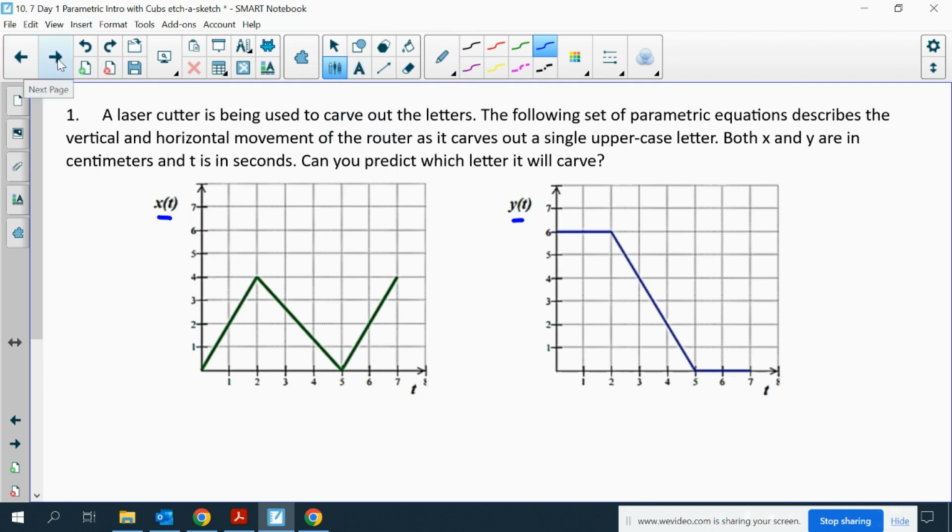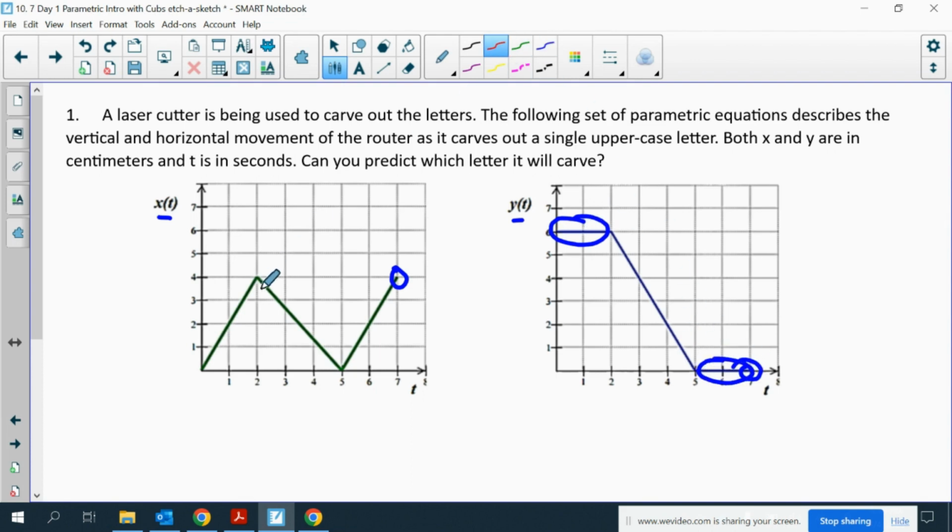If we look at what's happening, it looks like it takes 7 seconds for this whole thing to occur. And it looks like the path is moving right, then left, then right. While the path is moving to the right, it's not moving up or down.